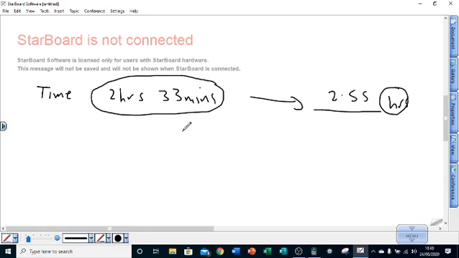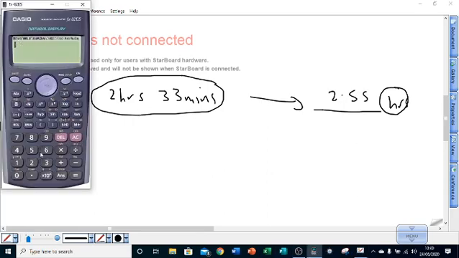And you can also go backwards. If I get my calculator, I could put 2.55 into the calculation, and not that button, sorry, delete, press equals, and then press that button and it converts it.